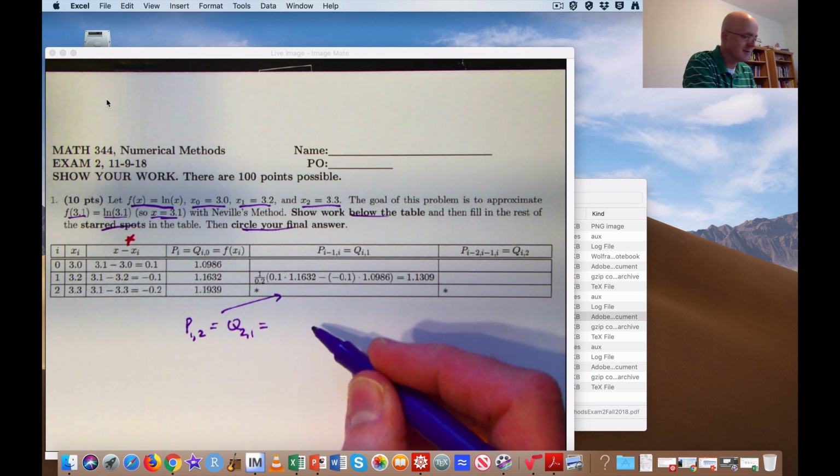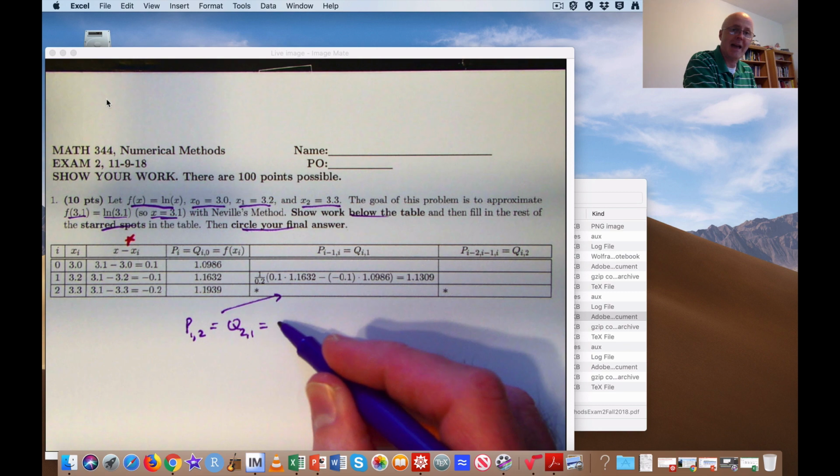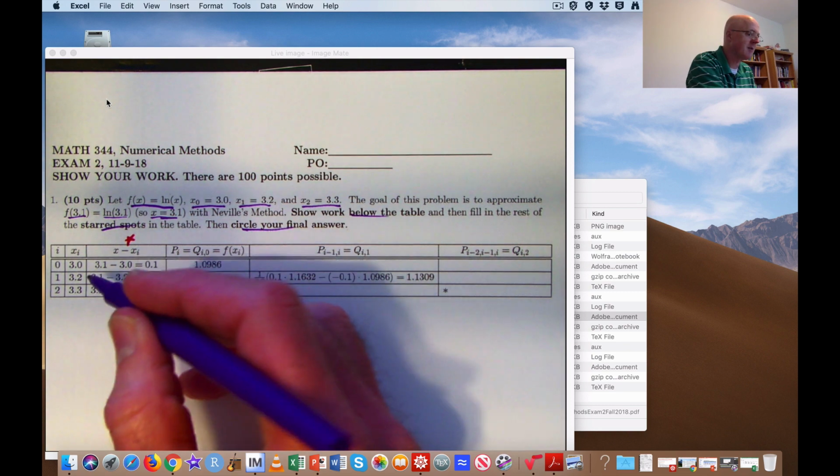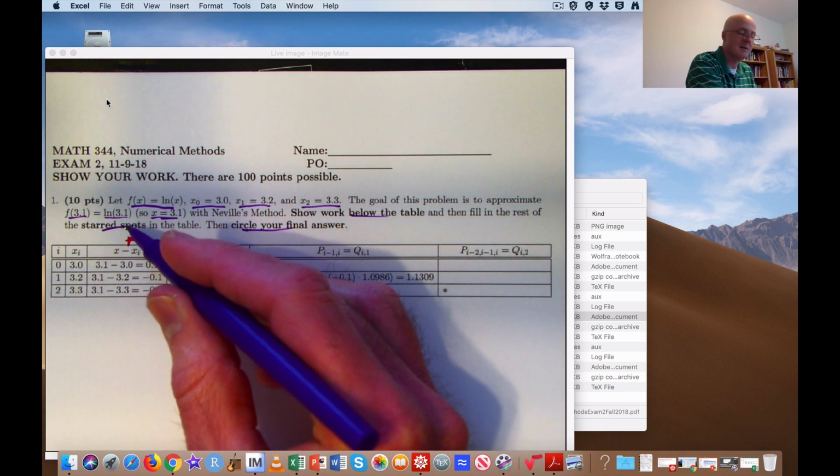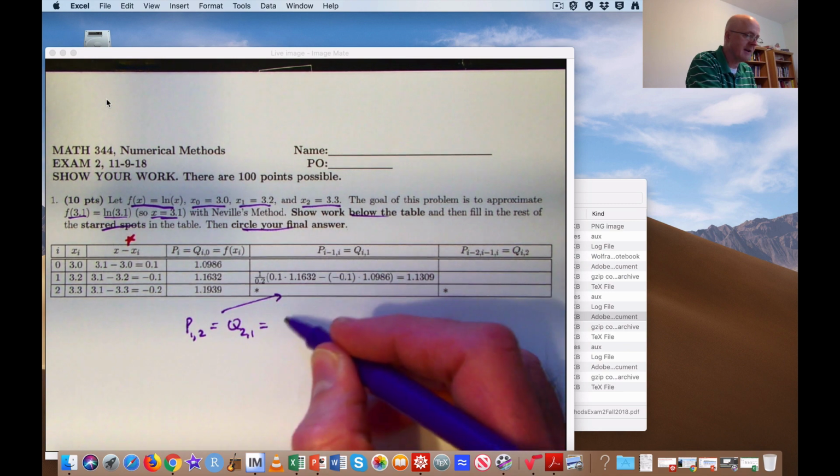So be careful. We start with x minus the smaller of the nodes, which is 3.2. x is 3.1. That difference is negative 0.1. And negative 0.1 goes first.